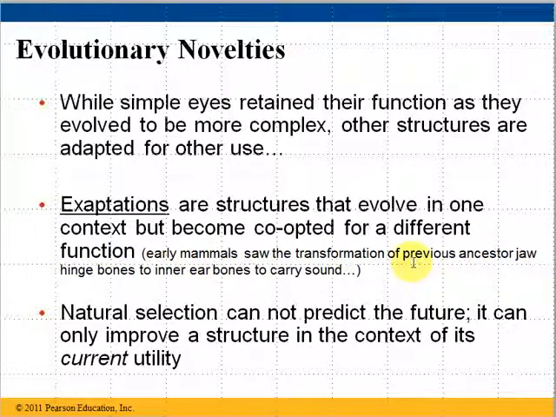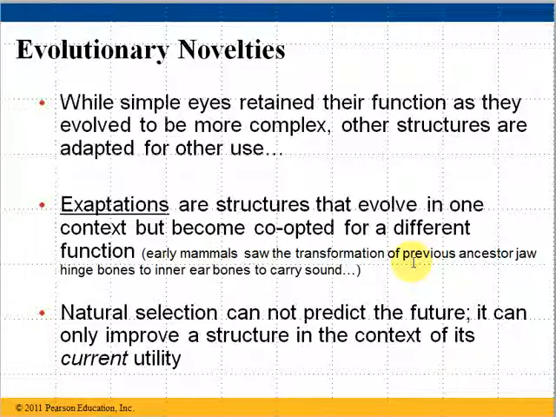So we have very tiny bones located in our inner ear that help transmit sound from our ear canal into the nerves that go into our brain. Those bones at one time were originally part of the jaw of some of our ancient ancestors, and they have shifted and moved. Not only have they changed shape and size and location, but their purpose has changed. Their function has changed over time.